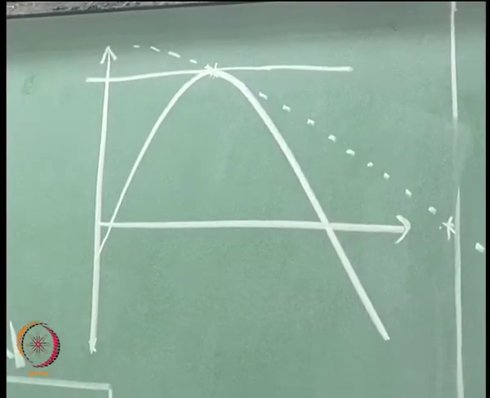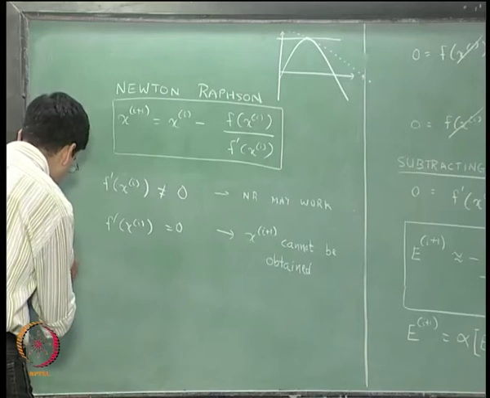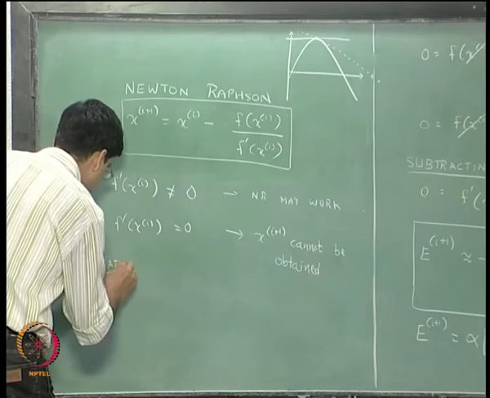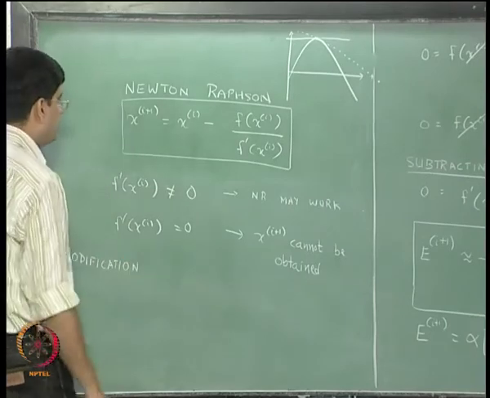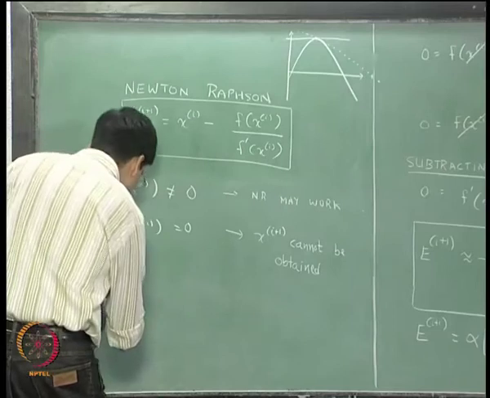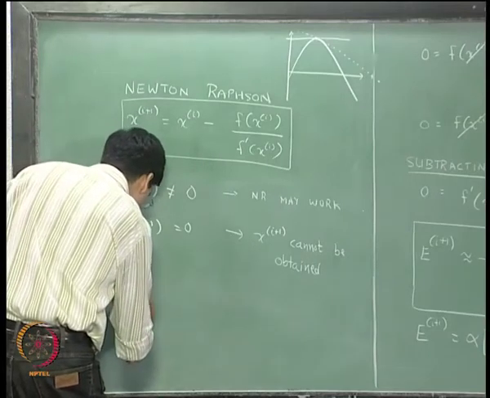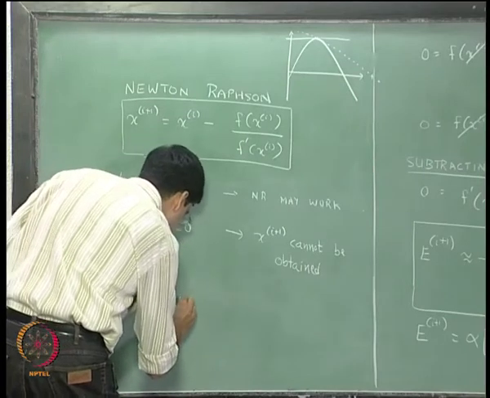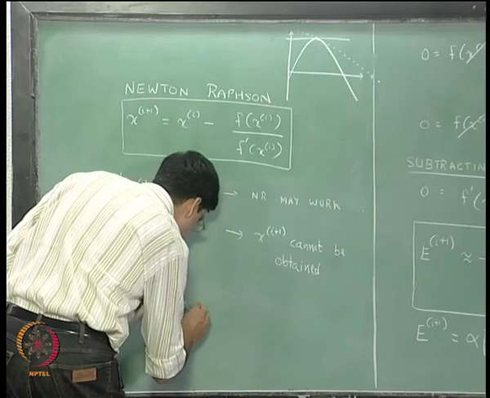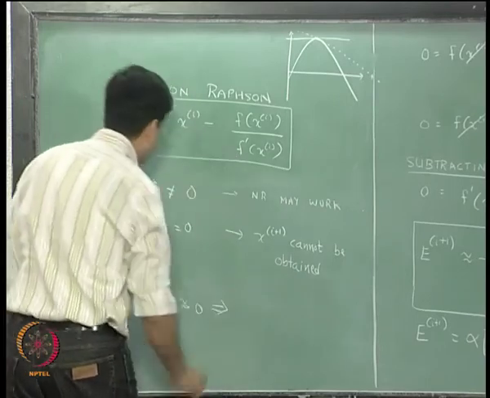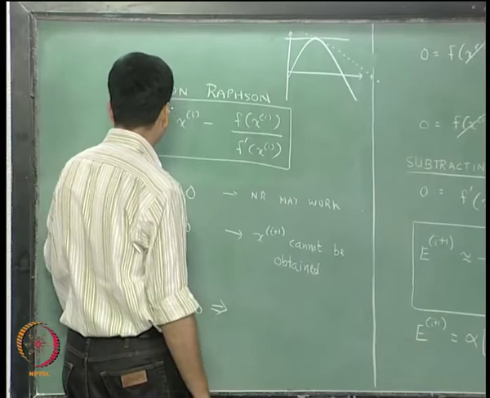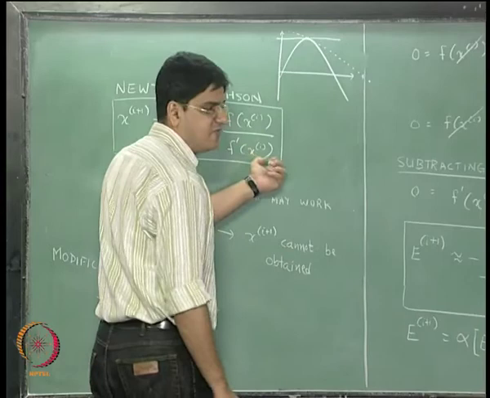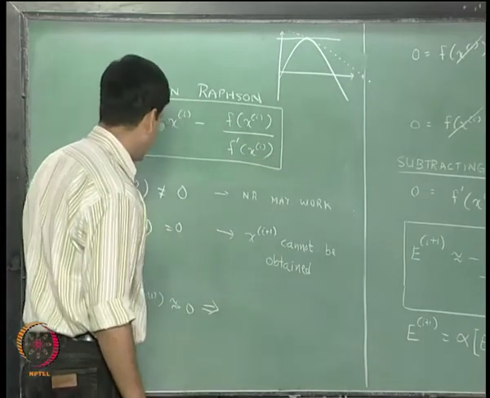So, a naive or straightforward modification for Newton-Raphson's method is that if f dash of xi is approximately equal to 0, then we change the method to xi plus 1 equal to xi minus f divided by f dash plus some small value beta.